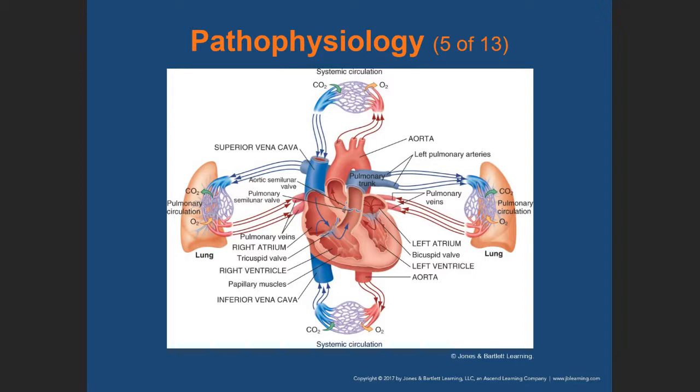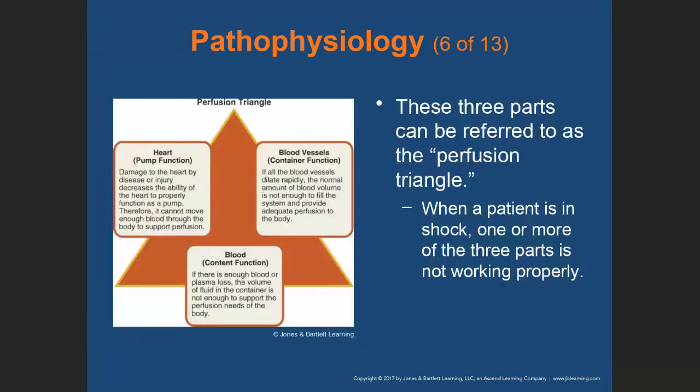At this stage in the course, I would expect persons to be comfortable with that. So these three parts can be referred to as the perfusion triangle, mentioned previously. When a patient is in shock, it can be one component or a combination of the components that are being affected.